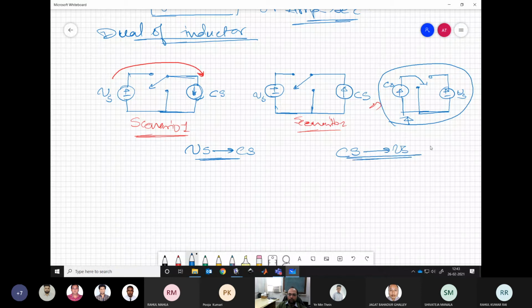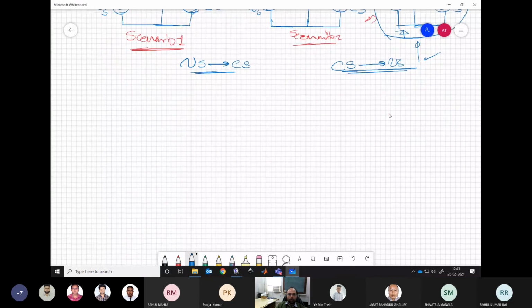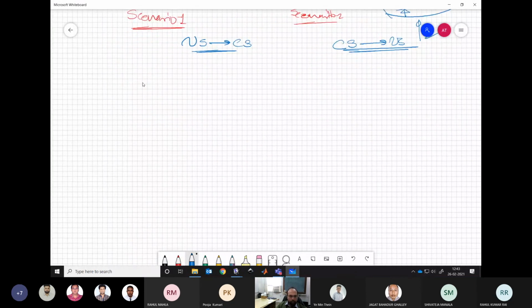So let us see what we are getting in scenario number 2. Now we have some current source which is maintaining a value of I0, and then our load, which is a voltage stiff element, let's say a capacitor connected with some load, having a voltage output of V0.